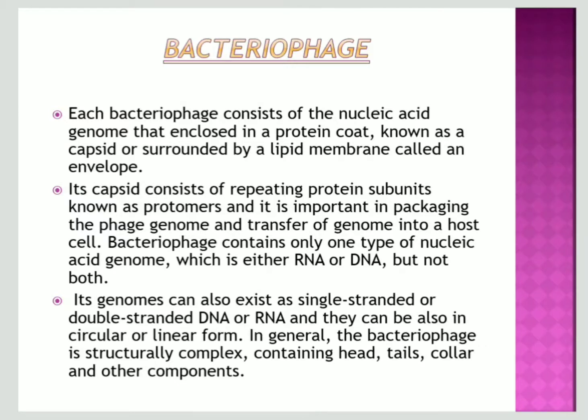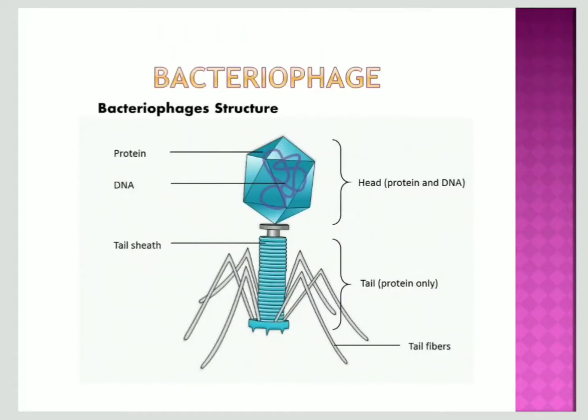In general, the bacteriophage is structurally complex, containing head, tail, collar, and other components. They are divided into a head region, where the protein coat as well as DNA is present inside, and a tail part, which has tail protein and is covered with a tail sheath.